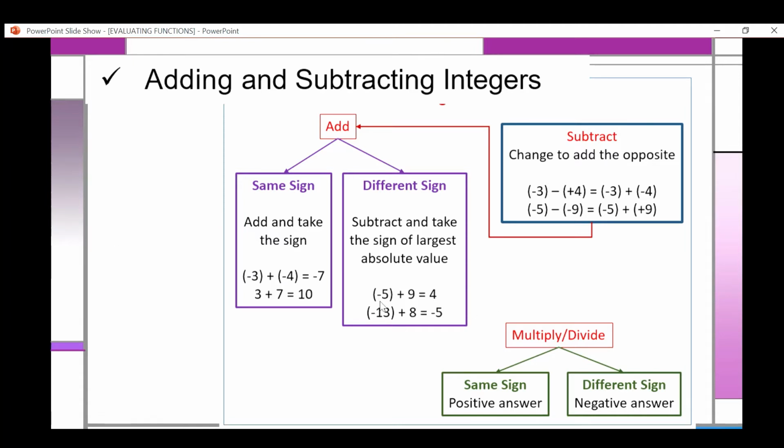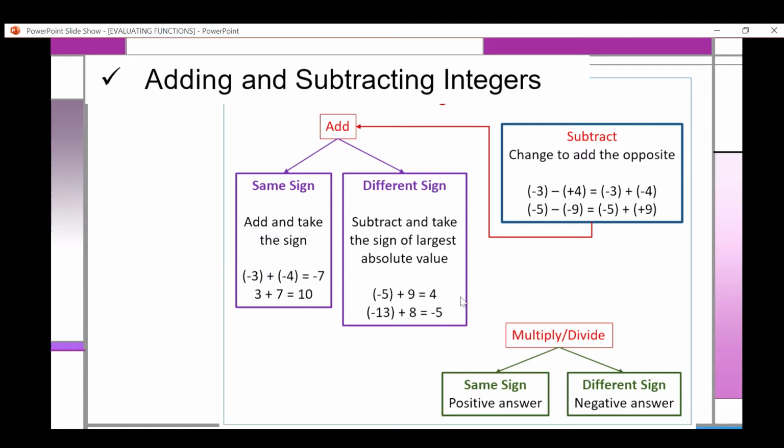Tapos, lagay natin sa absolute value si negative 13 sa absolute value sign natin. So, magiging positive 13. Tapos, 8 pa rin. So, ano yung mas malaking absolute value between negative 13 and 8? So, the answer is yung 13. So, ang susundin nating sign is negative. Okay?